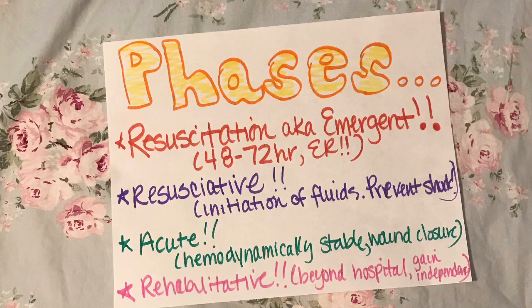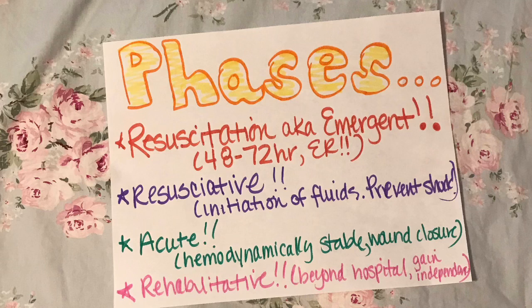After that, we go into the acute phase. This usually begins after 48 to 72 hours after the time of injury. The focus here is infection control, wound care, wound closure, nutritional support, pain management, and physical therapy. And this phase will continue until the wound closure is achieved.